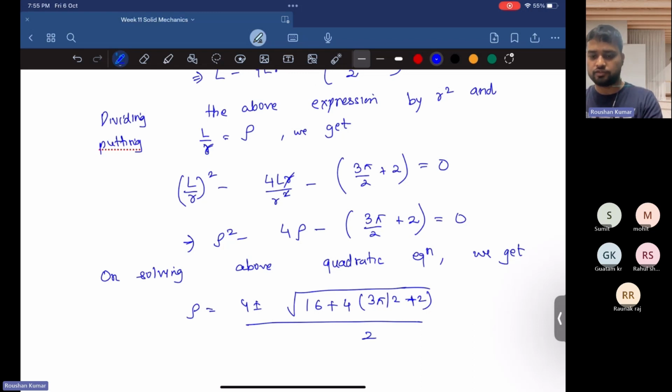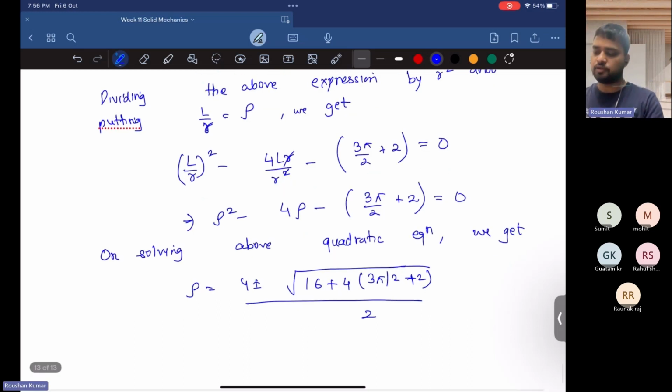this ratio, that is the ratio of big L to small r, are both distances, actually the displacement thing, and therefore it can't be a negative value.